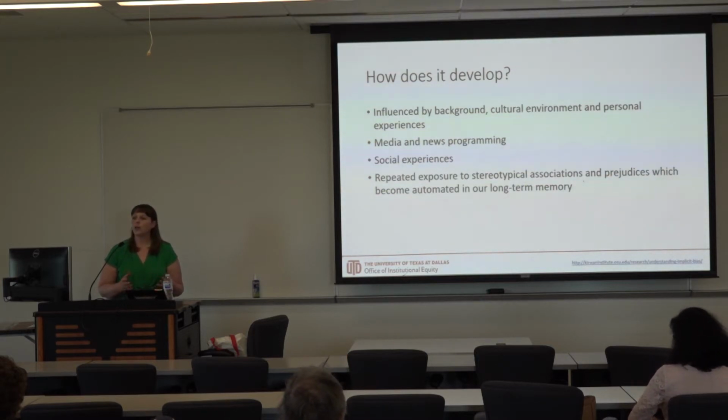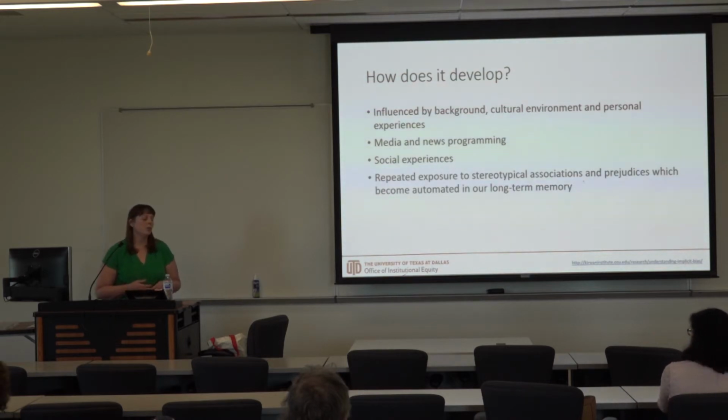So our own background, our education, our family, our friends, the media and news that we consume or just are exposed to when you're sitting at the doctor's office or some other place and there happens to be something on TV, your social experiences, and the repeated exposure to stereotypical associations becomes logged in our long-term memory. So we're making those recorded actions and they're staying in our memory. When we encounter additional situations that feel the same, we're going to have the same kind of reaction to them.